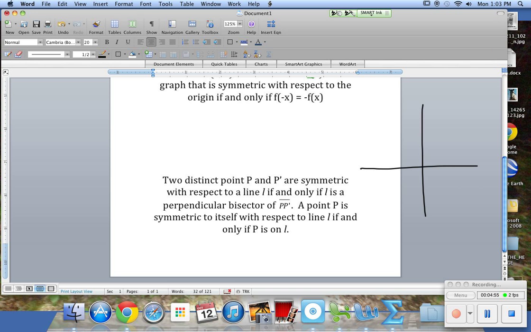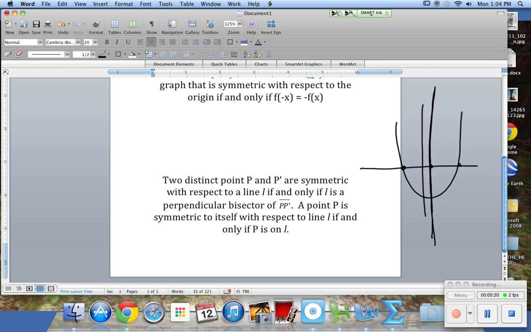We've got a parabola here, and the line of symmetry goes right here. If we can show that there's a perpendicular bisector to this, we look at these points here and find out there's a perpendicular bisector to it, then we can say that there's a point of symmetry.